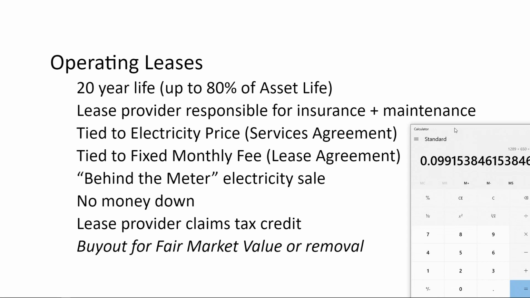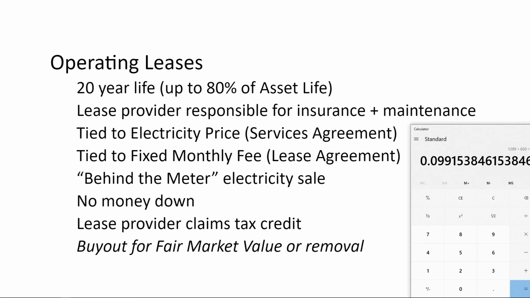And so there's operating leases. And operating leases are where the tenant is not the end owner, is not the ultimate owner. So an operating lease is like what Tesla and Solar City are putting out there, which says up to 80% of the asset life.